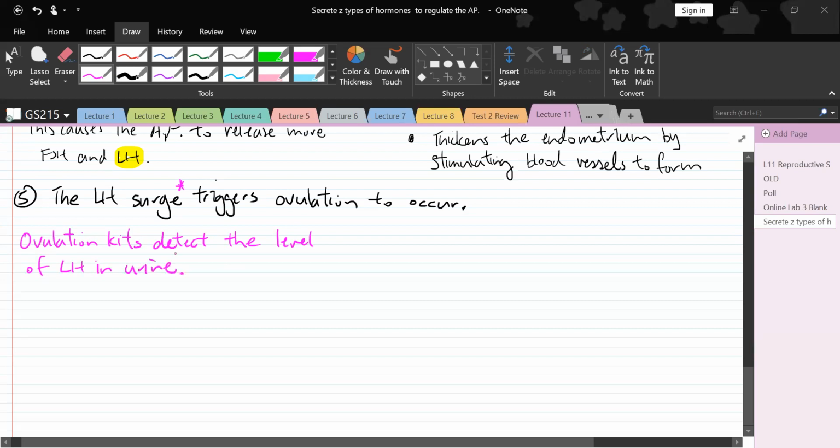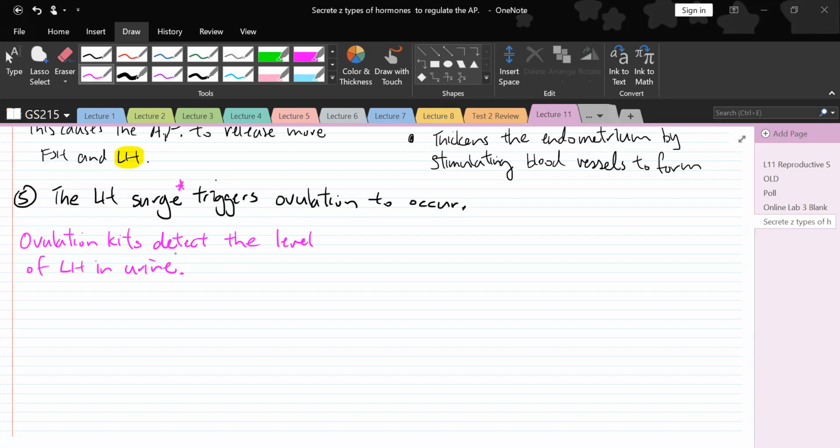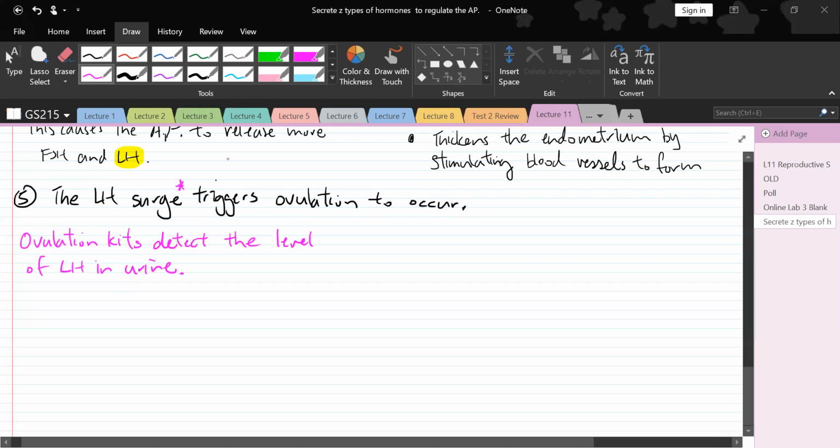You take a sample of your urine every day using the device, and using simple antibodies, it detects the amount of LH in your urine and compares it to the previous day. If there's a sudden, drastic increase in the level, it tells you that you're ovulating today. So it's useful information for planning around pregnancy. That's what number 5 is.